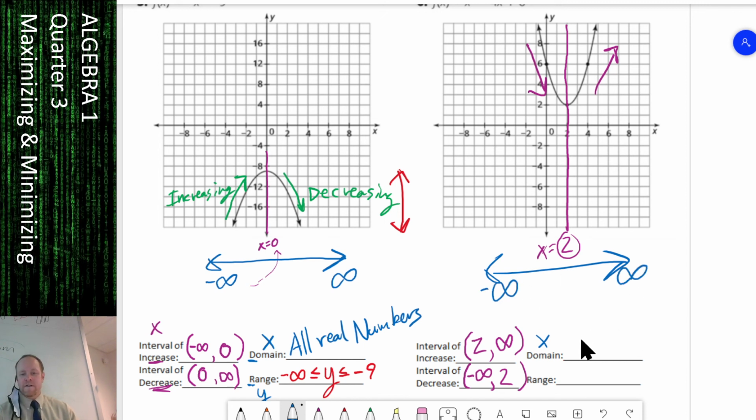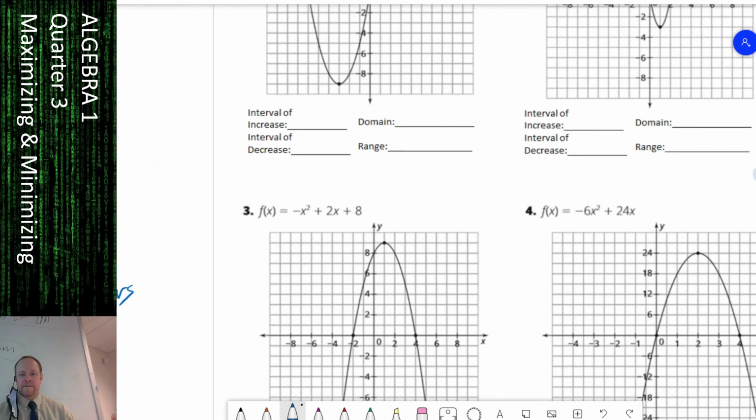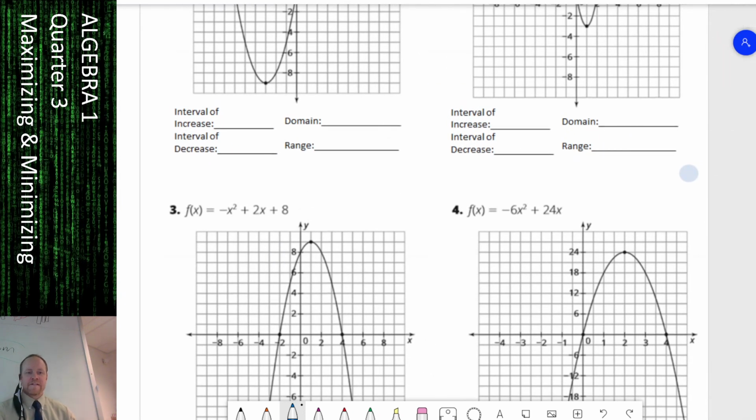In fact, all of your domains are going to be all real numbers. You could go over to your worksheet right now, find where it says domain, and write all real numbers on all the domains.